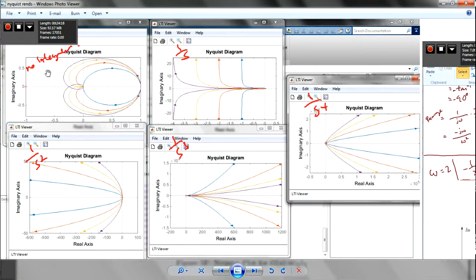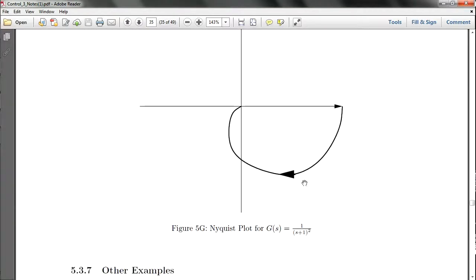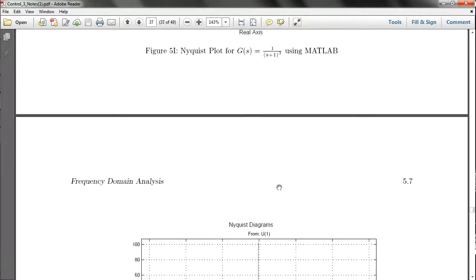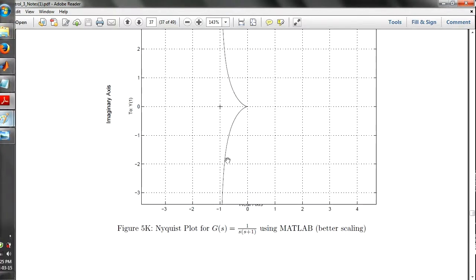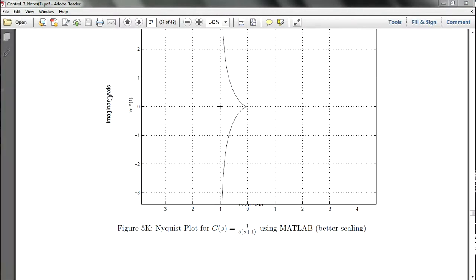If you have no integrator, you are at this portion. If you have 1 over s times 1 over s plus 1, you will have this type of thing over here.